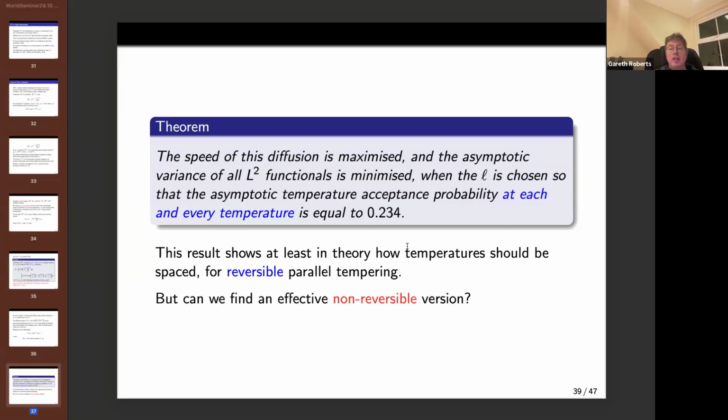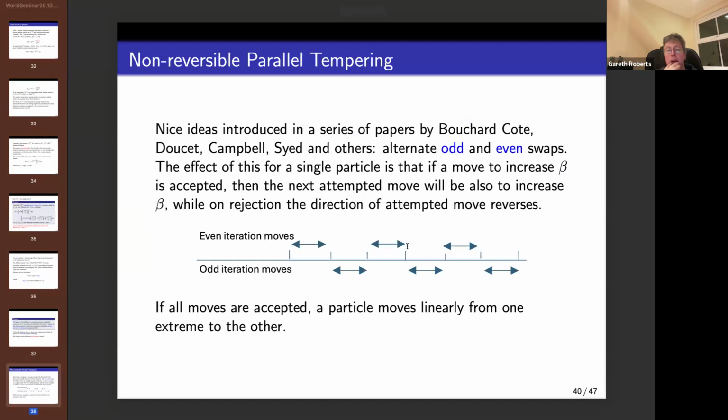And I'm probably running out of time, so you probably know what to expect, but I have to tell you how easy it is to implement non-reversible parallel tempering, and this was done, for instance, in a paper by some of our friends.